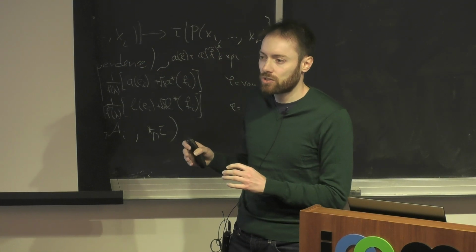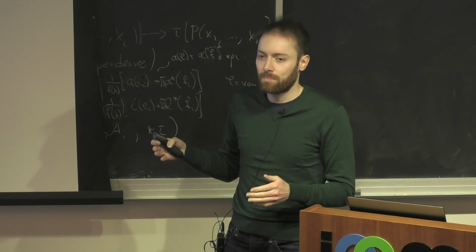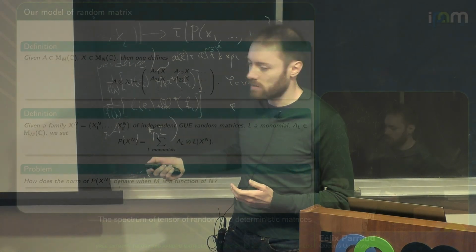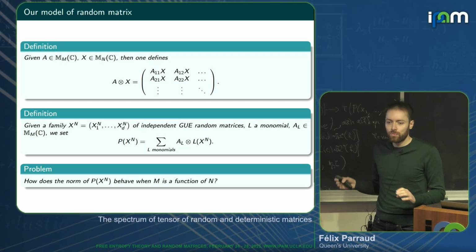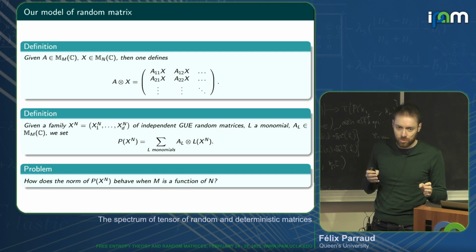And so the big question that came with the work of Ben Hayes was, how do we control the norm of that thing? If you want the coefficients to be fixed, then it's very straightforward. That's just an immediate consequence of the result of Haagerup and Thorbjørnsen.